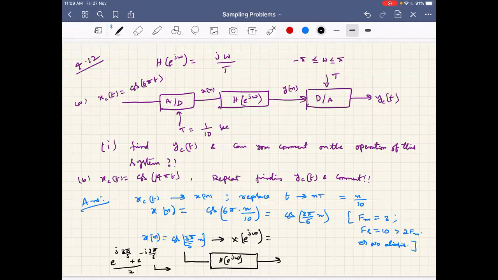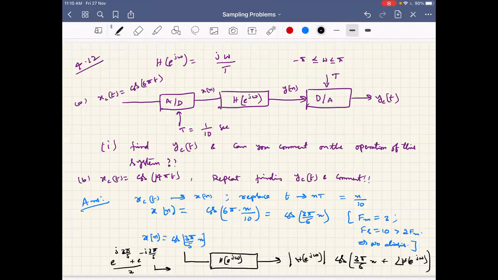That is also a way, but we will directly write it. The output is the magnitude of h of e power j omega times cos of the same frequency 3 pi by 5 n plus the angle of h of e power j omega, when you send a cosine or sinusoidal signal. No need to write x of e power j omega explicitly in this case.